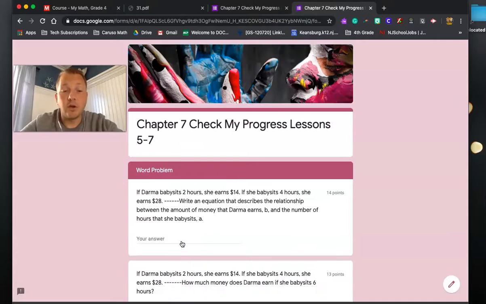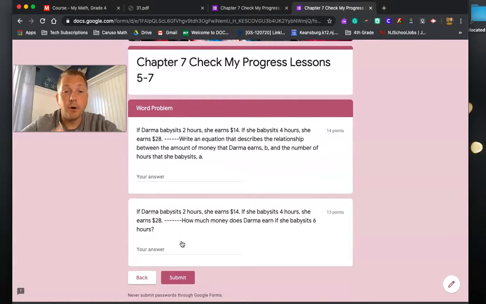And then there's 2 word problems. Both word problems start with the same information. If Dharma babysits 2 hours, she earns $14. If she babysits 4 hours, she earns $28. That's the same for both problems.